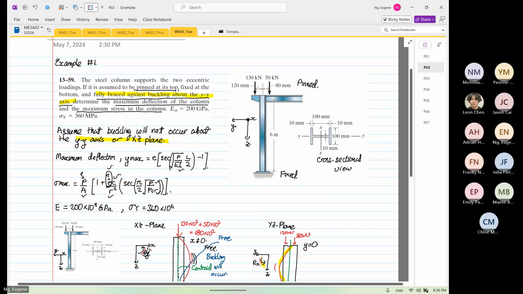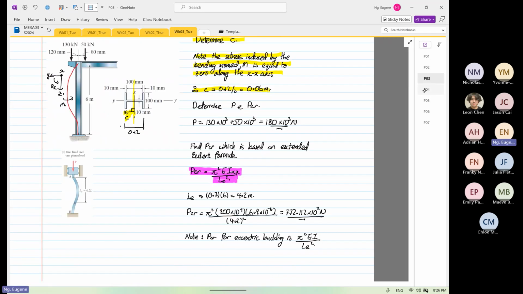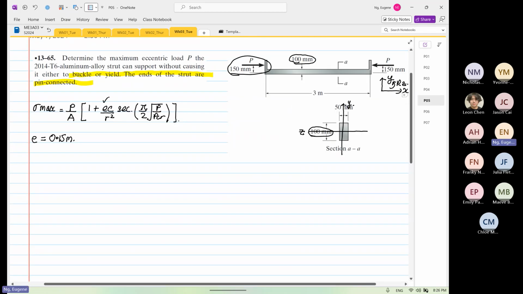YY axis. This question, nothing. We don't have that information at all. So if we don't have that information, we have to check. I repeat again, if we don't have information, we have to check.